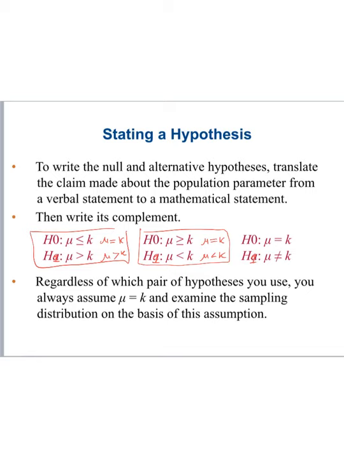Your third scenario is that your population mean, the claim, equals some value, and your alternative, the complement of this, would be not equal. And this is important. Regardless of which pair of hypotheses you use, you always assume mu is equal to some number. That's why your book makes you write it in this way. But in reality, these two are always complements.